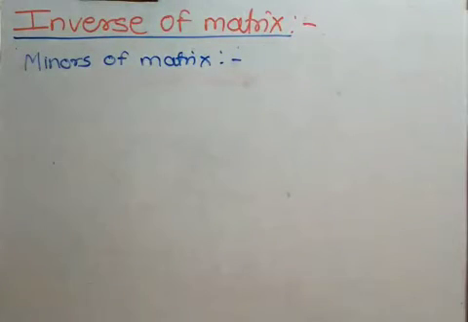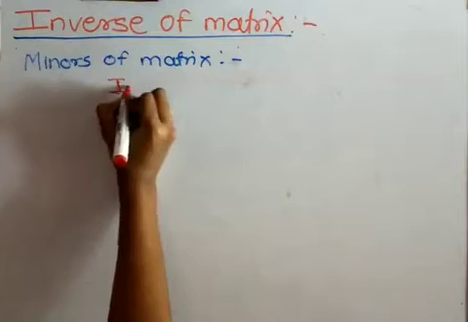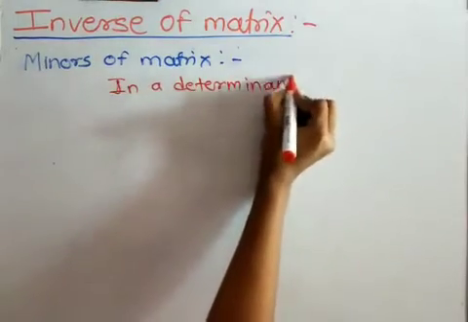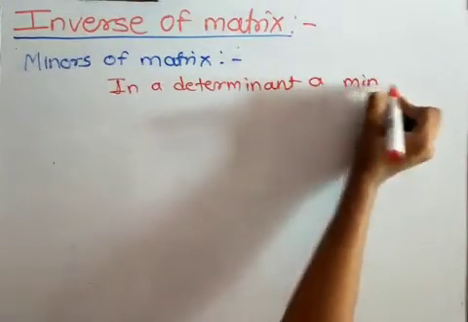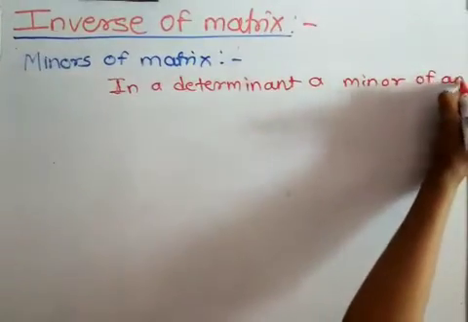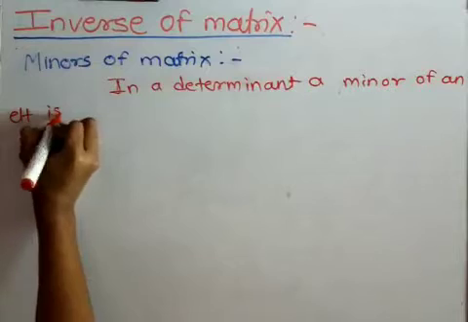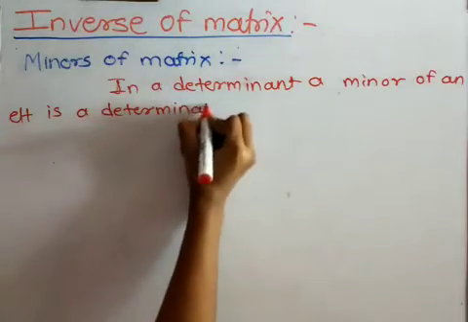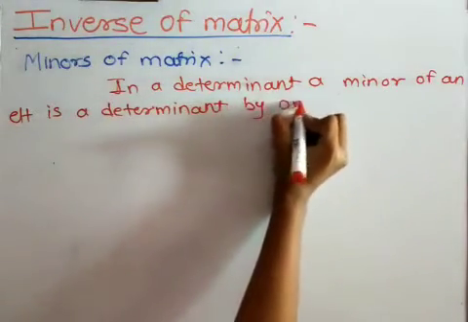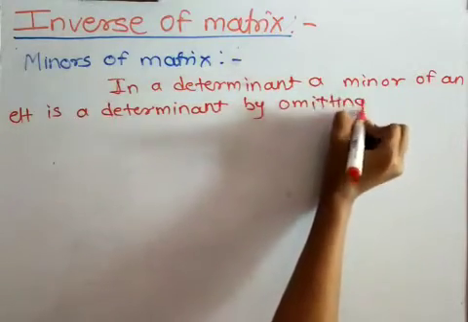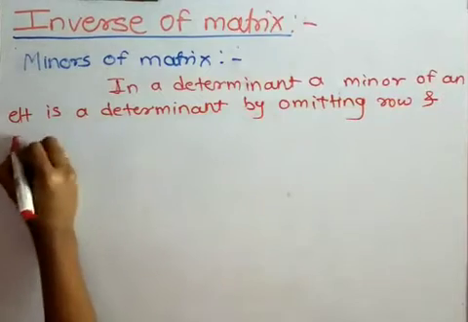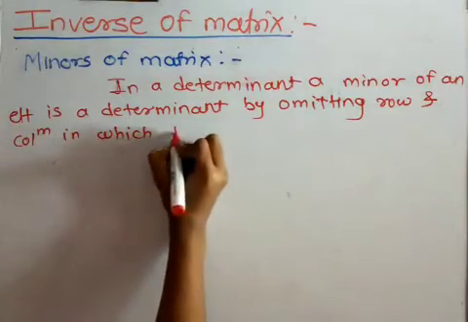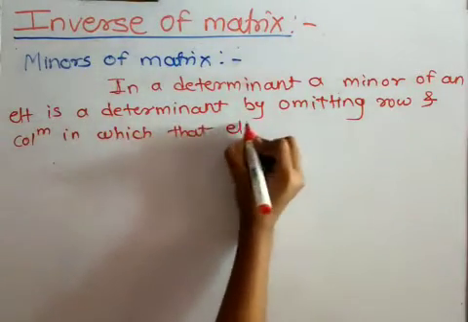Okay, so in a determinant, a minor of an element is a determinant obtained by omitting the row and column in which that element is present.